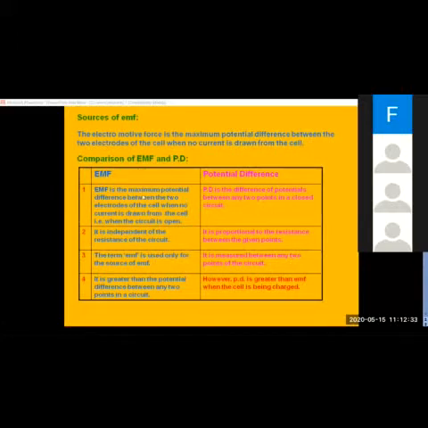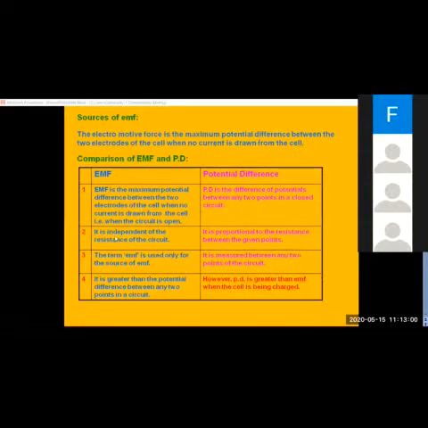So here no current is drawn means the circuit has to be open. So the same definition of your EMF can be written as the first difference. Under potential difference, it is the difference of potential between any 2 points in a closed circuit. So here it has to be an open circuit, here it has to be a closed circuit.